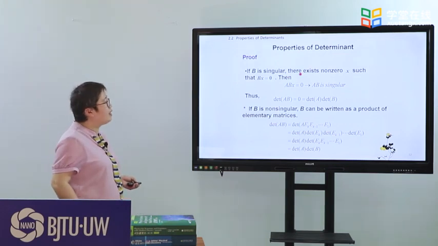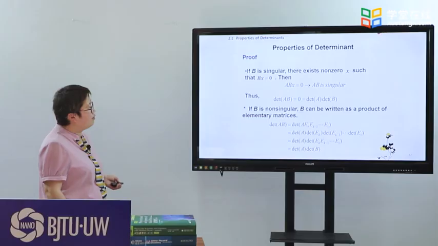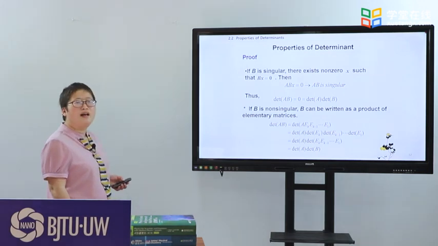If B is singular, then there exists non-zero x such that Bx equals 0. And then we know that A times B times x also equals 0, which indicates AB is singular. So this is a property for singular matrix before we learn.